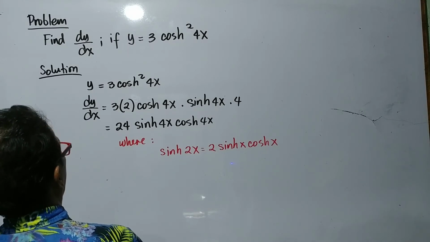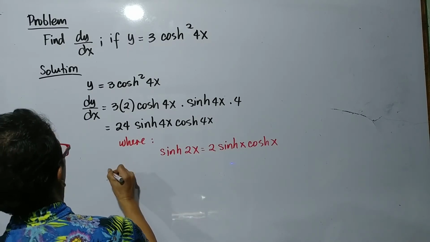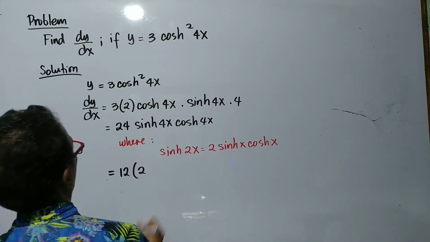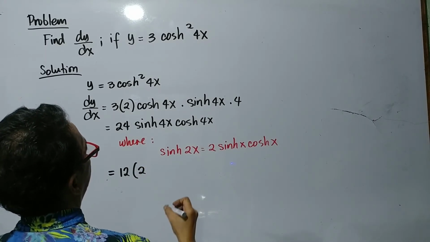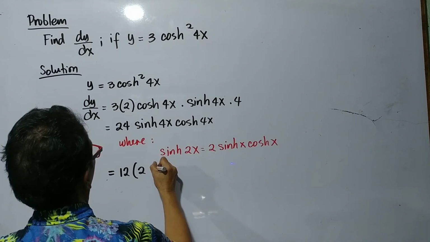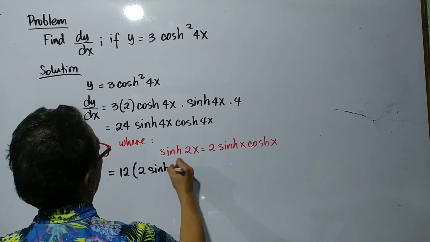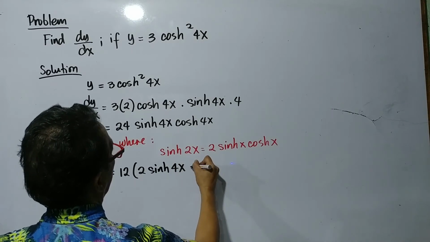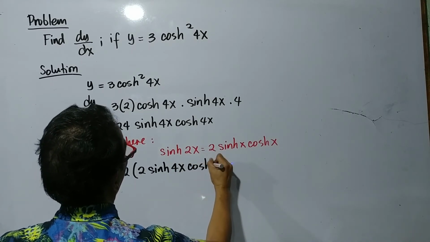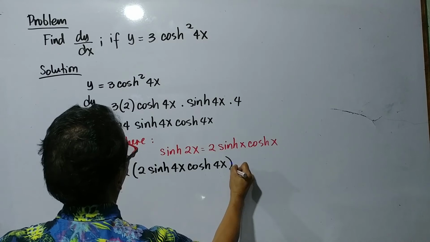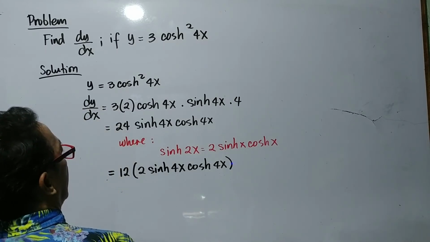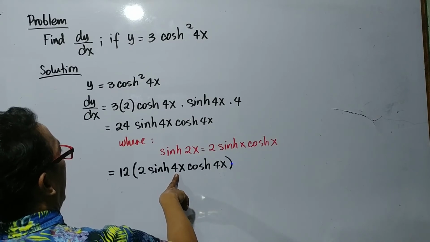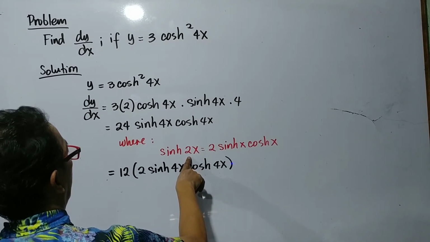Express now this in this term. So we have 12 times 2 hyperbolic sine of 4x hyperbolic cosine of 4x. So as you notice, this is 4 divided by 2.